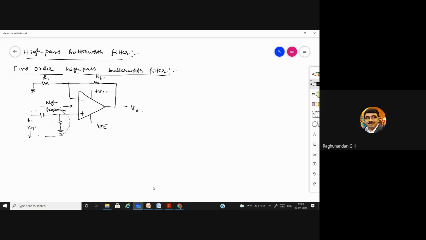So higher frequencies will be passed through this directly, and the lower frequencies will be held up, and some of the lower frequencies will also flow through this resistor and reach the ground, so that higher frequencies reach the op amp, and the rest of the process is taken care of by the non-inverting op amp. So it is going to add some gain to that filtered signal and give that output.